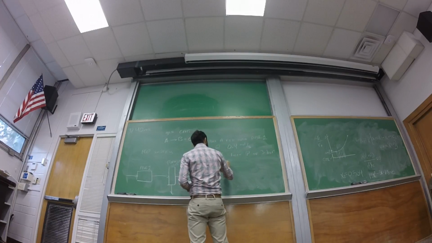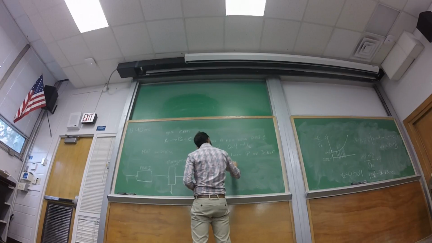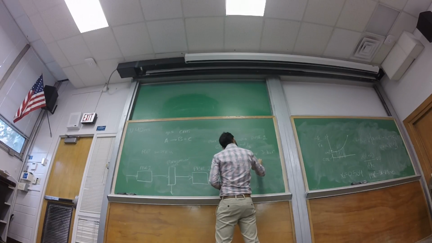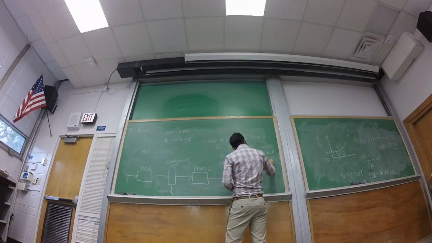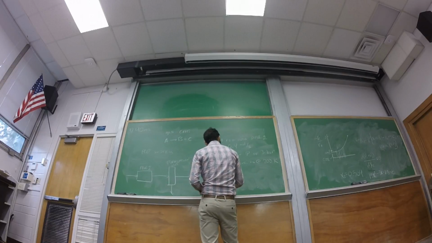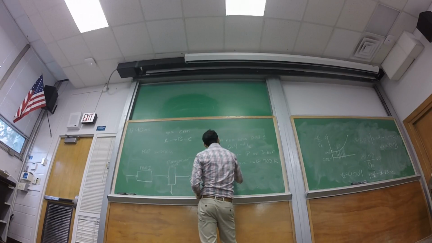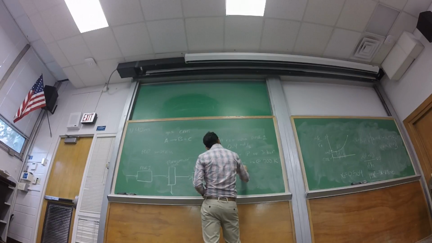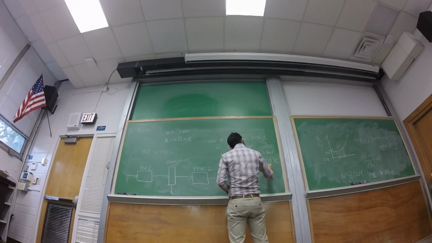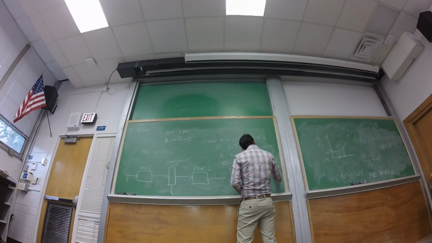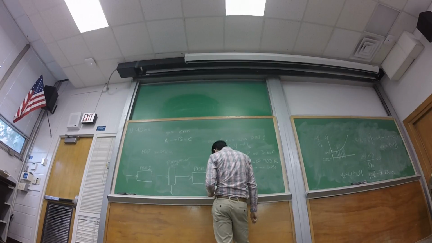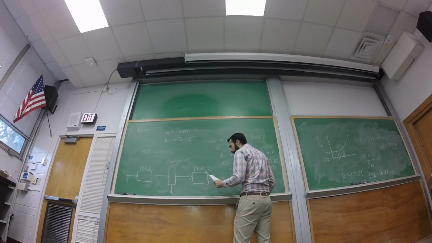It says the entire system is at 700 Kelvin. And it says that the purification unit removes 50% of B that is produced in PBR1.